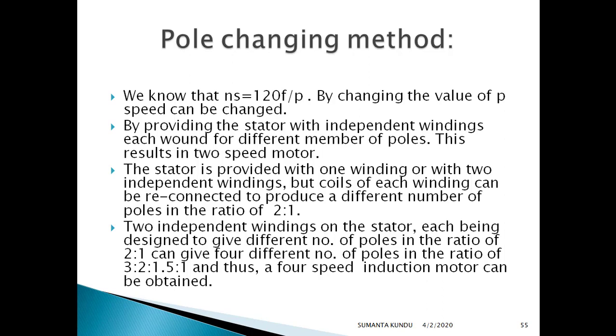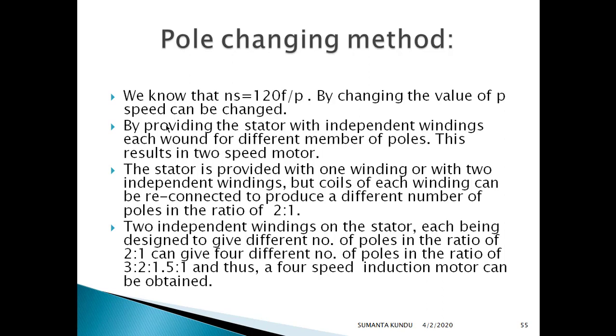And this pole amplitude modulation method of speed control is suitable for cage motor only, because a cage rotor automatically develops a number of poles equal to the poles of the stator winding, whereas the consequent pole technique is also applicable for cage rotor, right? Now the first method is multiple stator winding.